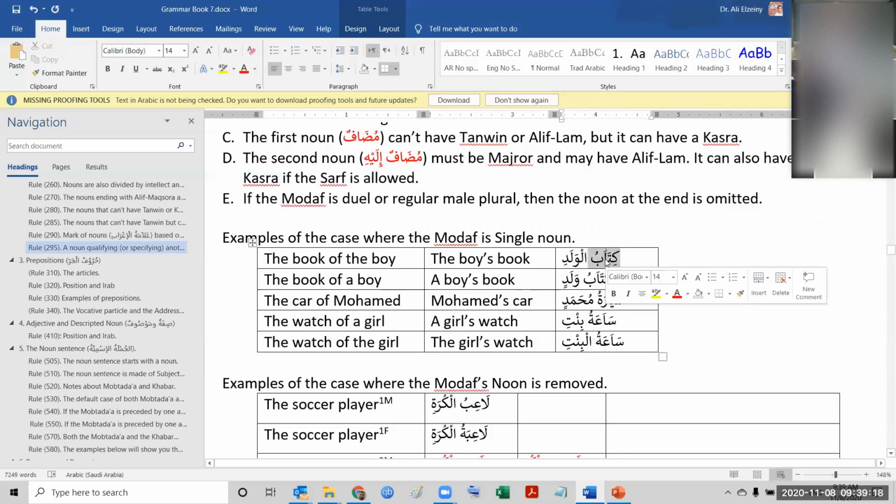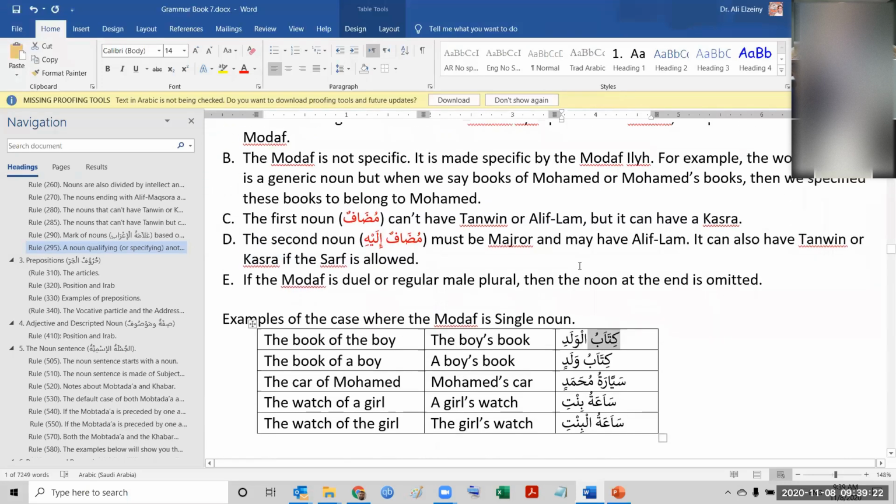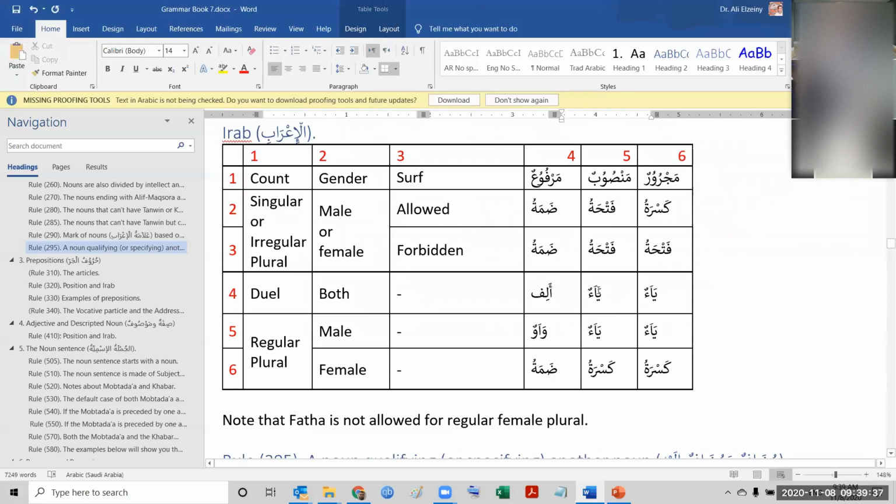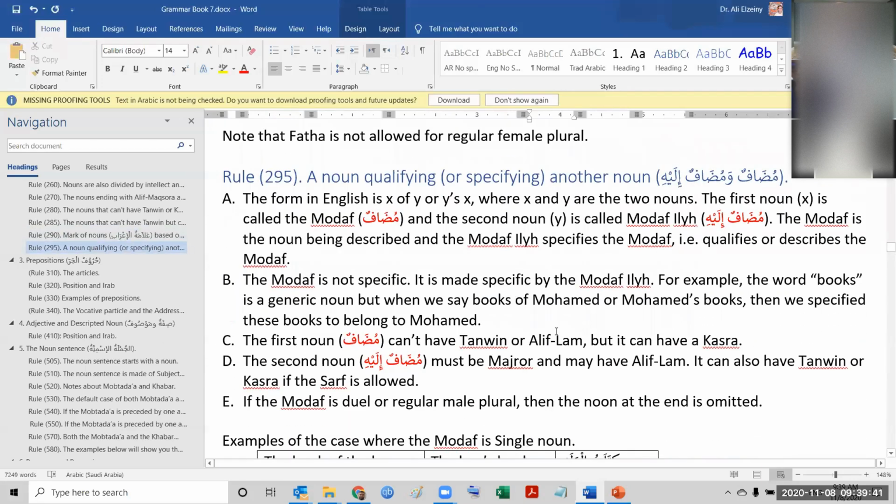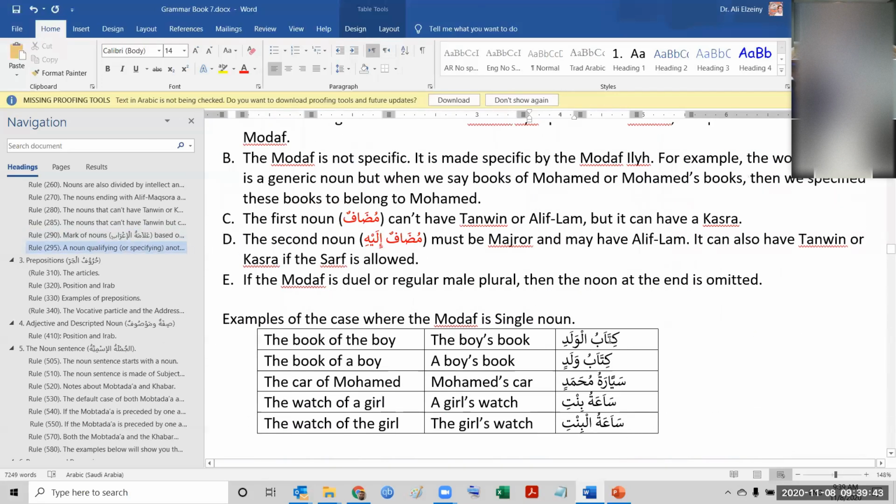We notice this one, the mudaf, cannot have tanween or alif lam. And the default case is marfu'. We always say the default case is marfu'. So we say kitabu, and it's marfu', so it has dhamma.